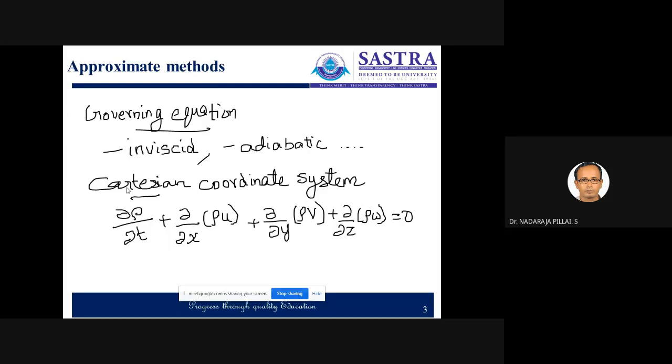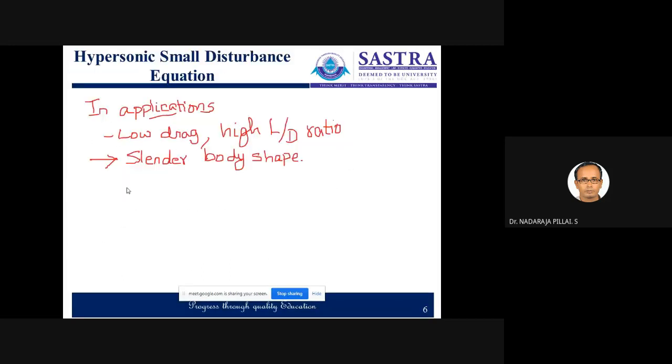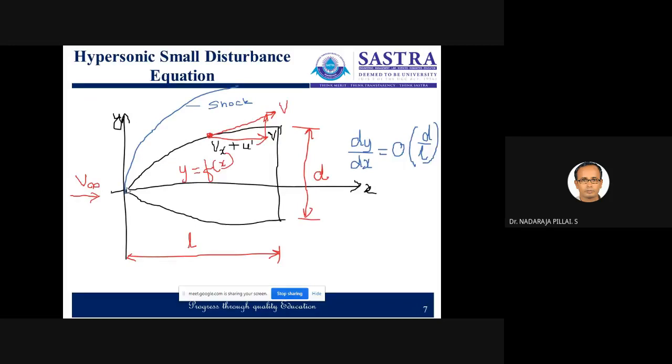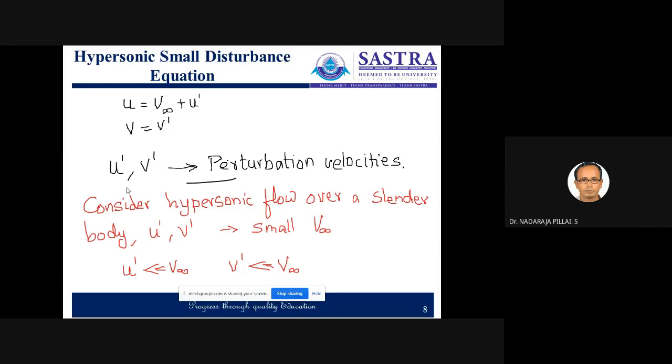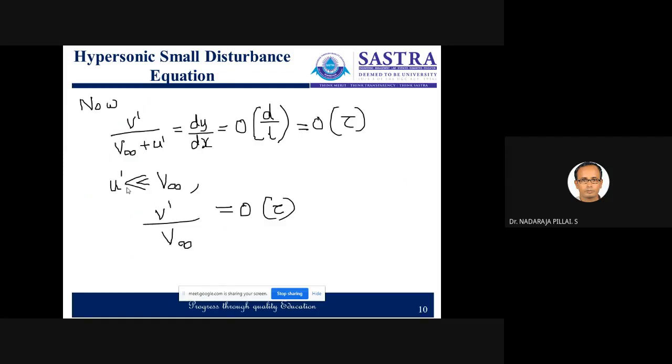Initially we had this governing equation, and then we considered a small disturbance equation. Then we understand u dash, v dash, and w dash. Then we introduce the slenderness ratio.